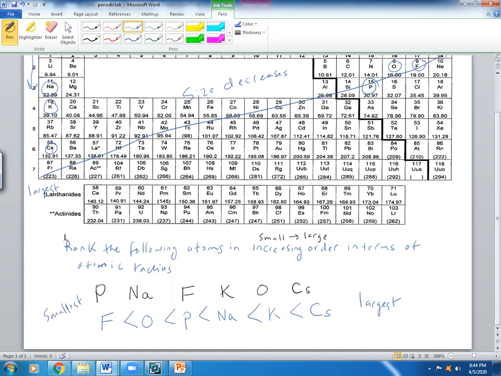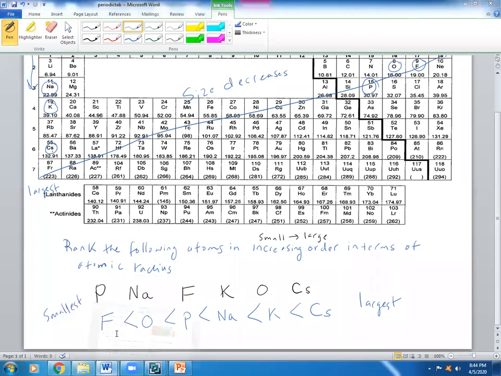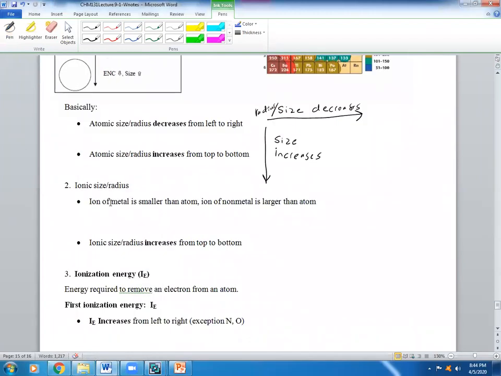Okay. So let's look at the next trend. It is ion size, ionic size, or radius. So we're talking about an ion, anything with a charge. So X with either a positive or X with a negative.